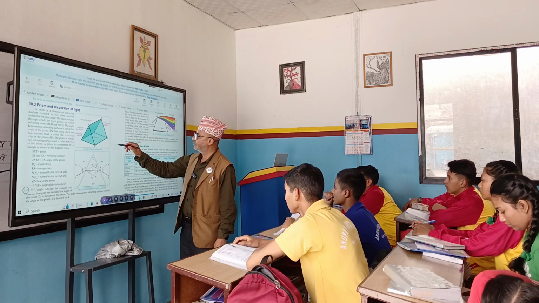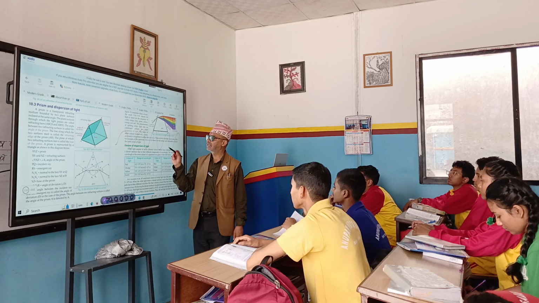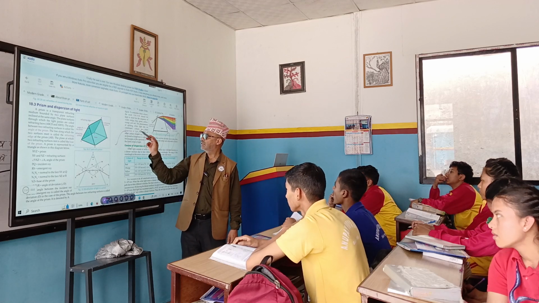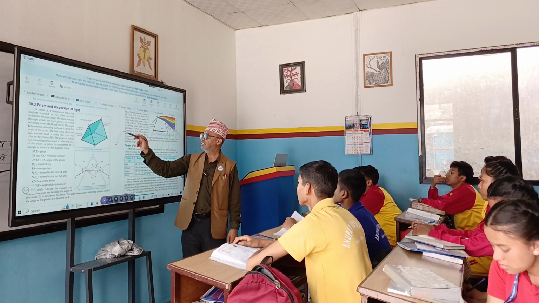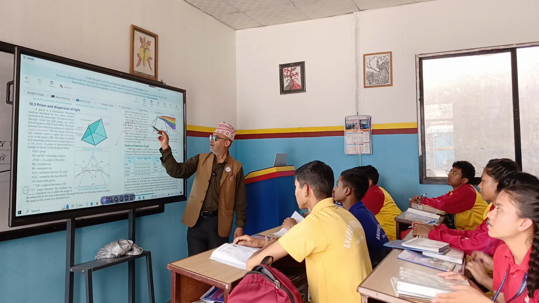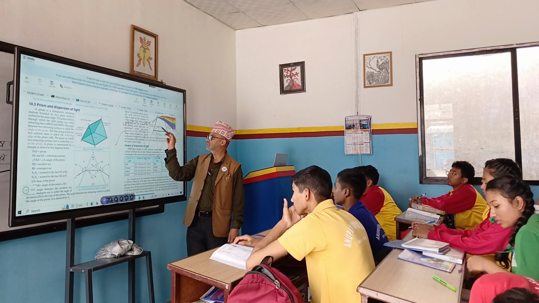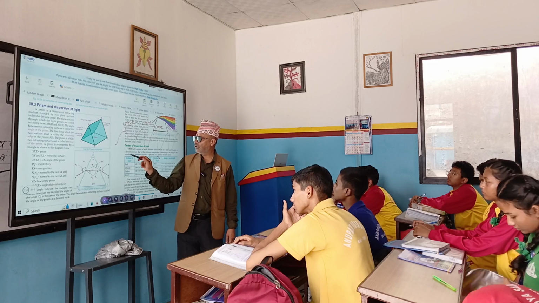Remember, suppose it is traveling in this way. The upper point is called crest. These are all crests. The lower point is called trough.